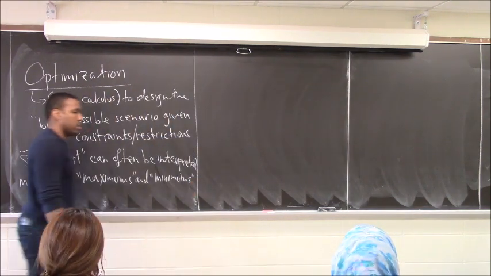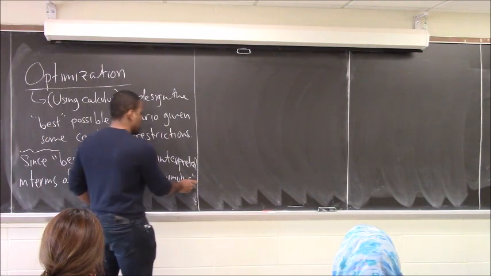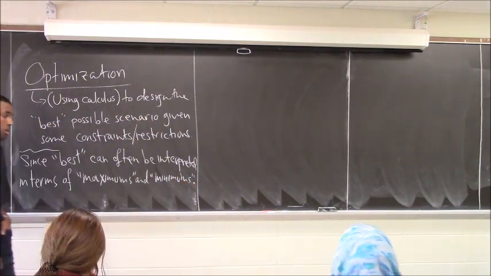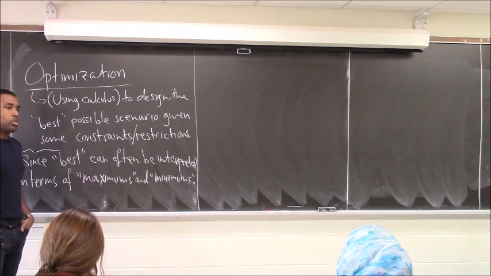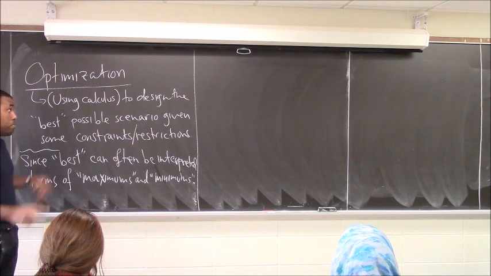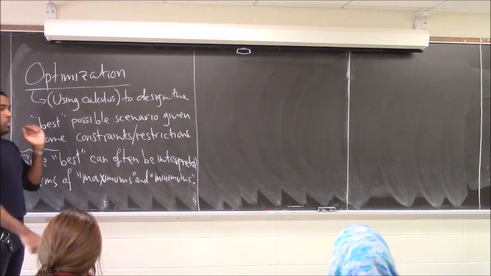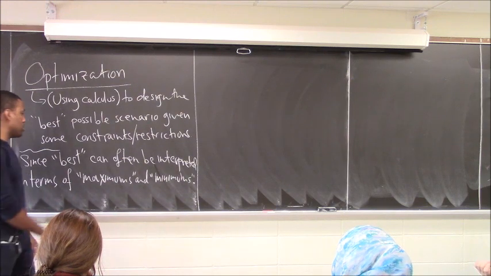So depending on the context, there are times when finding the largest possible value of something or the smallest possible value of something is going to give us the best solution. When it comes to, for example, profit, we tend to want to maximize profit. So if someone is talking about profit, the best possible scenario is what do we have to do to make the most money possible? And that's a maximization problem.